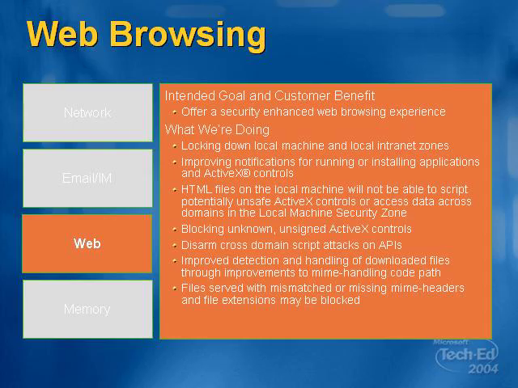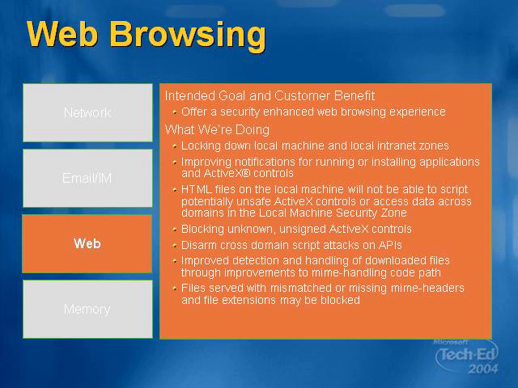So moving on, this is web browsing. We've looked at network, we've looked at email and instant messaging. Now we have web browsing. We've done a ton of changes in terms of web browsing. And these are going to impact you if you build websites, because your UI is going to be presented to customers in a different sense.